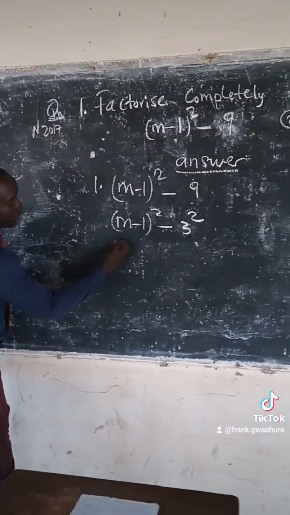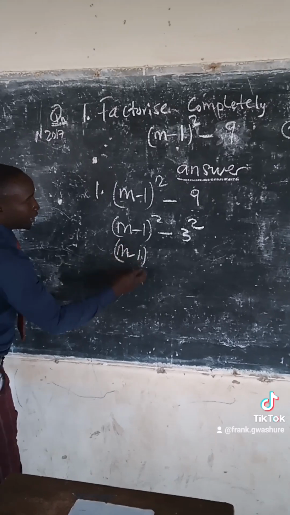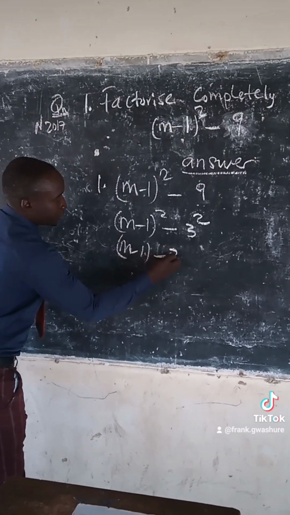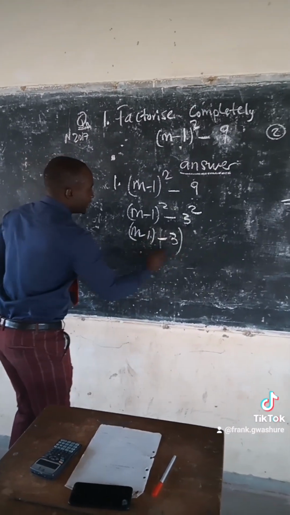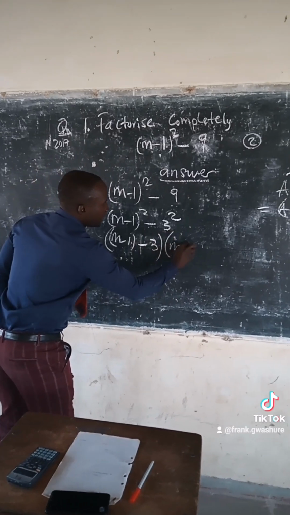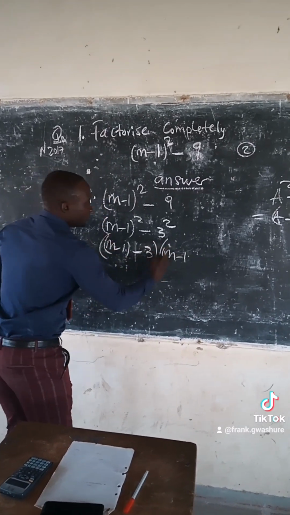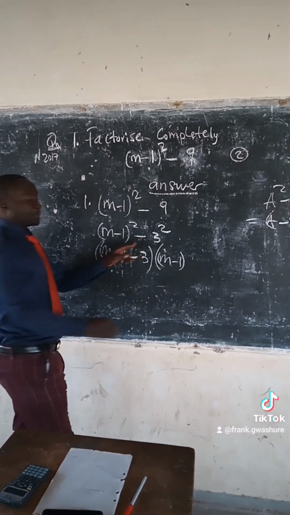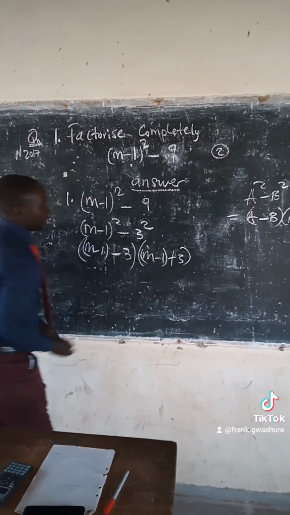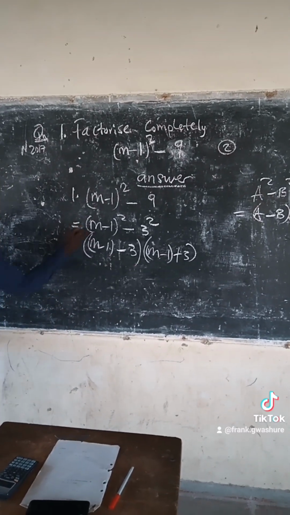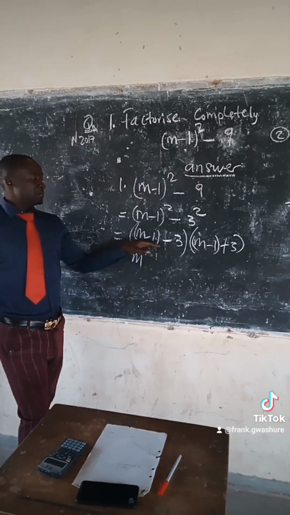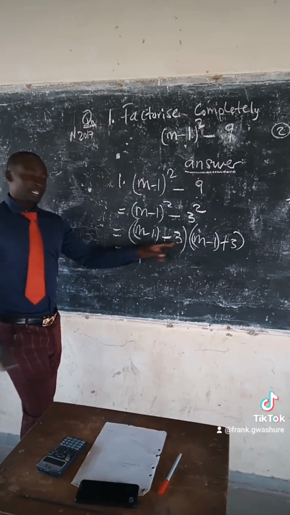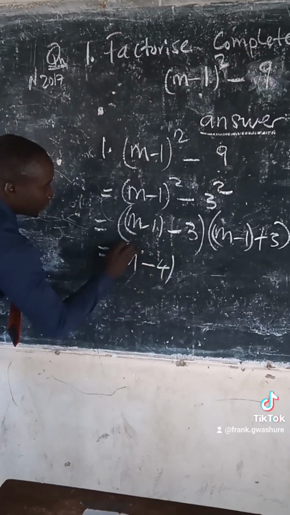We're taking this number, m minus 1. We are subtracting 3. That's the first bracket. And then we go on to m minus 1, this first term, and we are now adding plus 3. So this one becomes m, and if you simplify it, minus 1 minus 3, you get m minus 4.